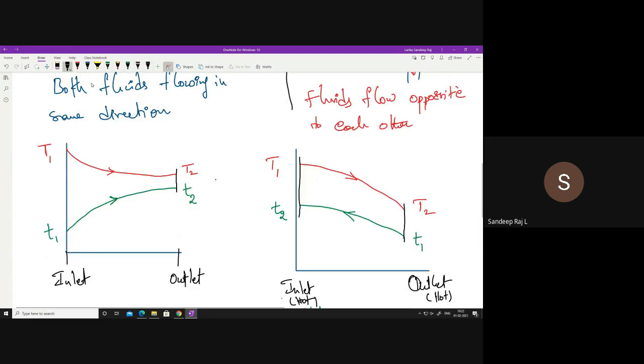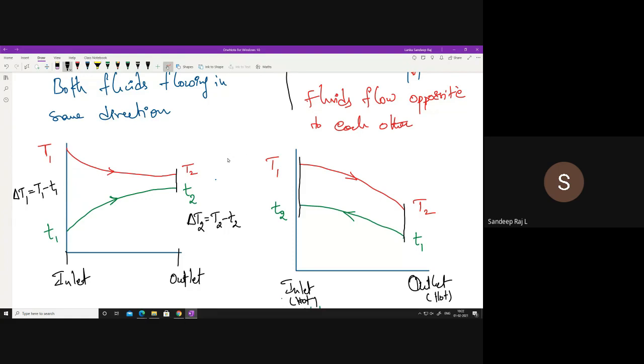See, for this, you will take delta T1 here. This delta T1 is the difference of capital T1 minus small t1. That is the delta T1 on the left. Then I will take delta T2 on the right. Let me write it below. If I take delta T2 here, it is capital T2 minus small t2. Okay.